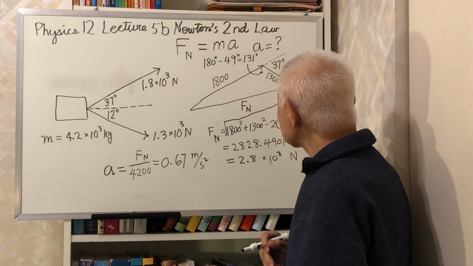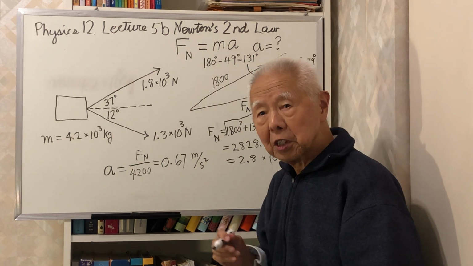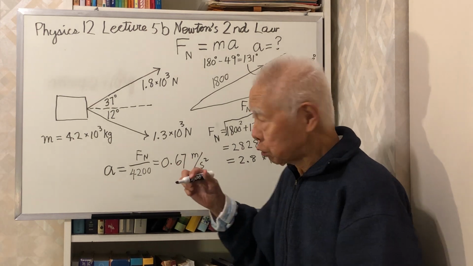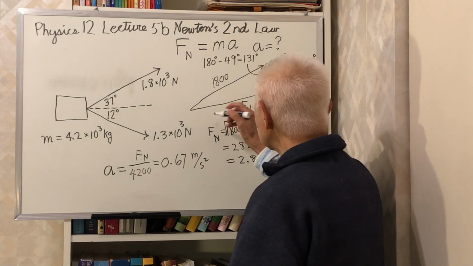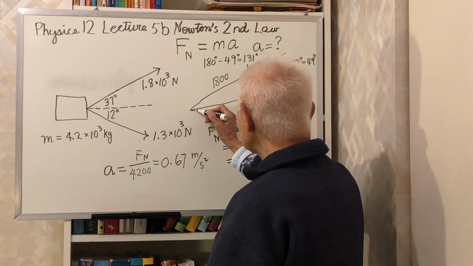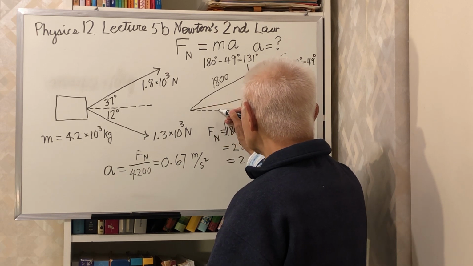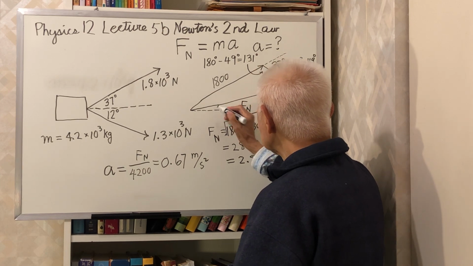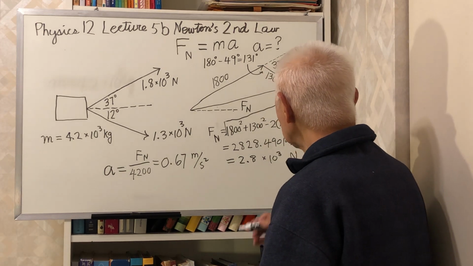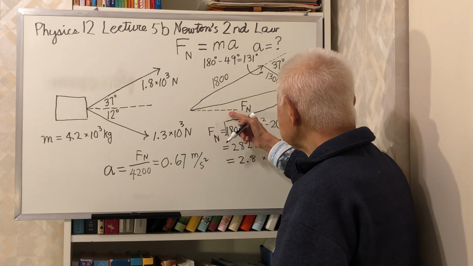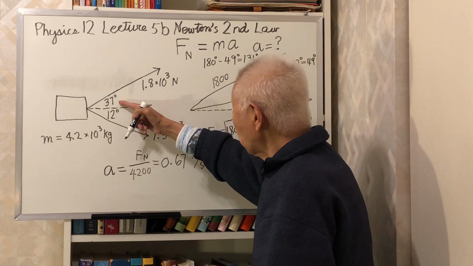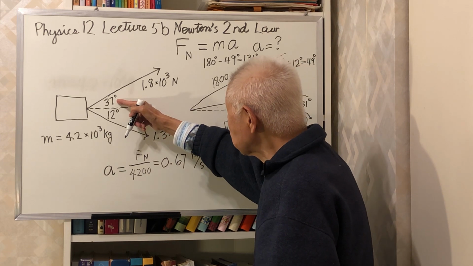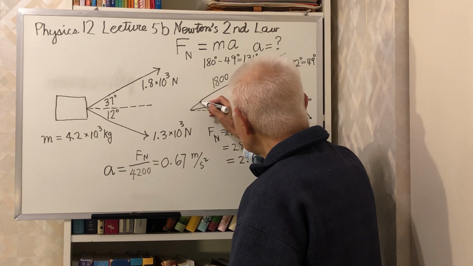However, since the acceleration is a vector, this is a magnitude, but what is the direction? So you draw a horizontal line. You want this angle. I already know this angle, this is the horizontal line, this angle is 37.